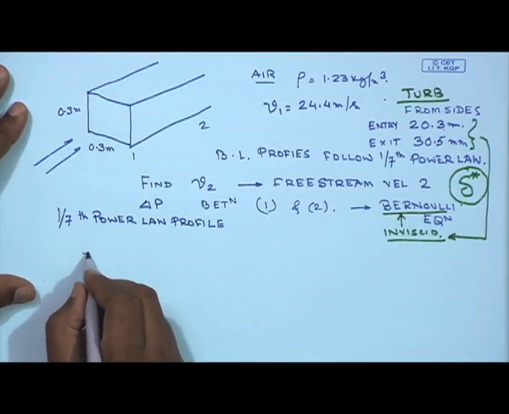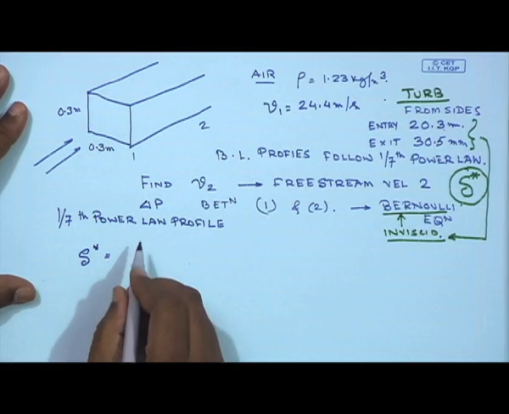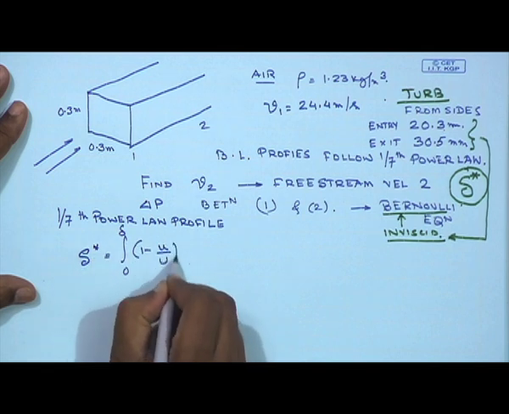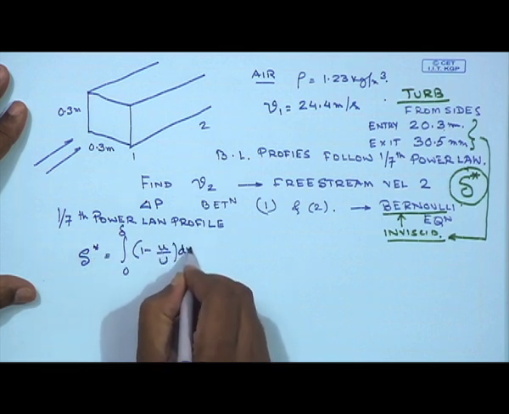So, first thing one needs to do is, what is the expression of displacement thickness, what is the value of displacement thickness if the 1/7 power law is valid. So, that is what I am going to do in here. So, the 1/7 power law profile would simply give you delta star as integral from 0 to delta of (1 minus u by U) dy, by definition.